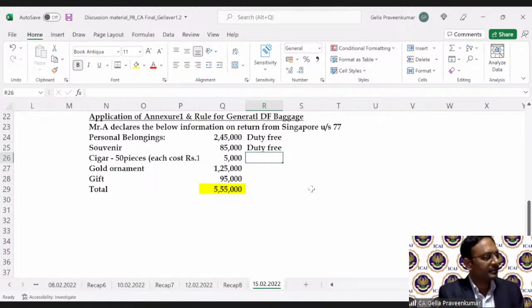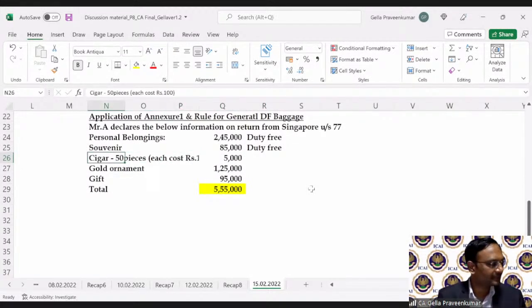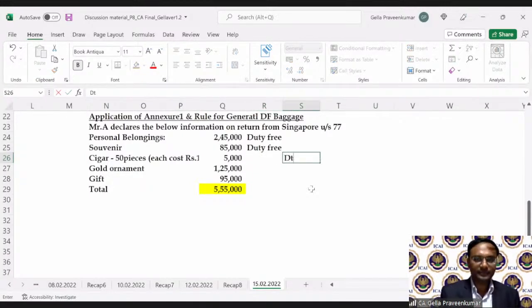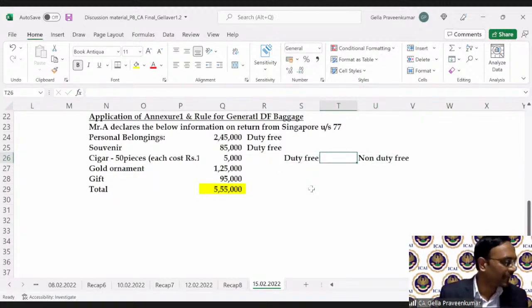Now, yes, here, look at your page number 5.52. Page number 5.52 says that Annexure 1. In Annexure 1, I was permitted to carry up to how much value? My cigar, 50 pieces. But cigar exceeding 25. So here, my duty-free and non-duty-free. So here duty-free will be, as per Annexure 1, cigars exceeding 25.